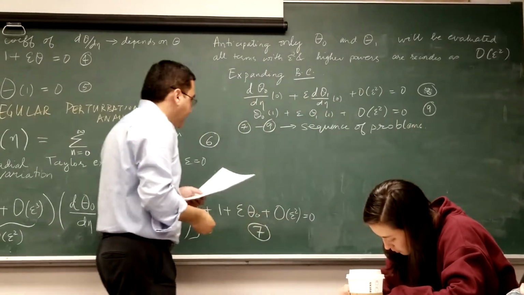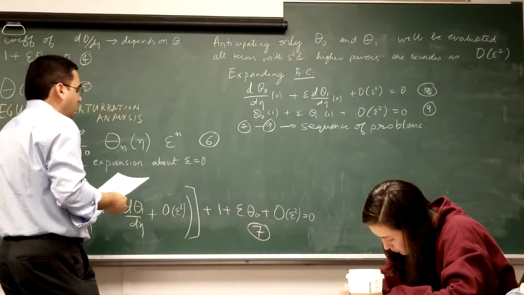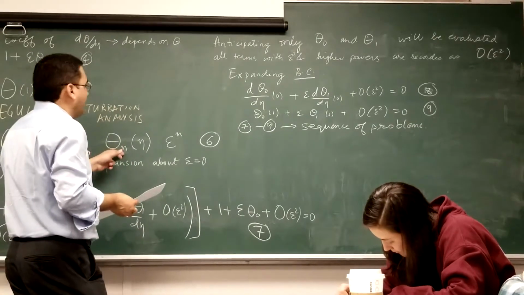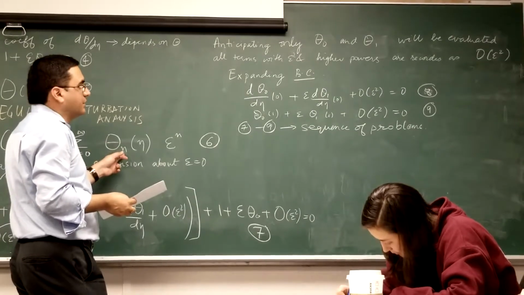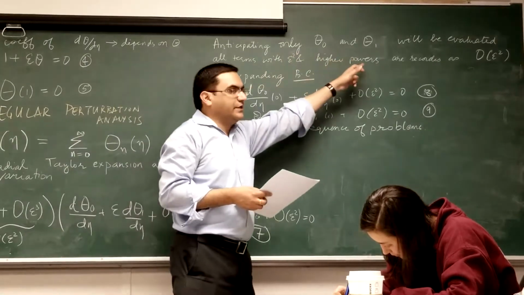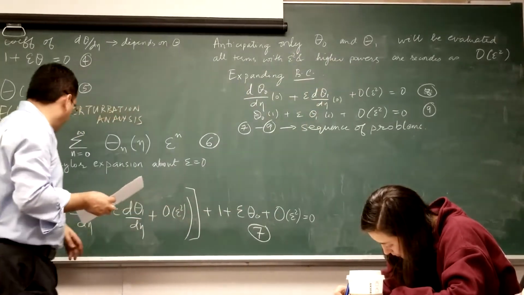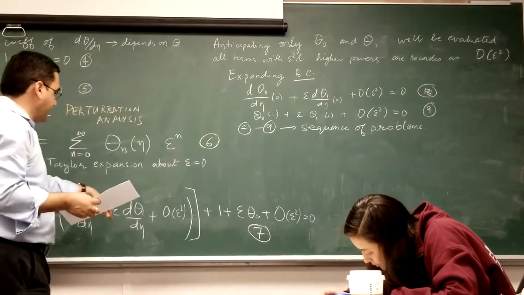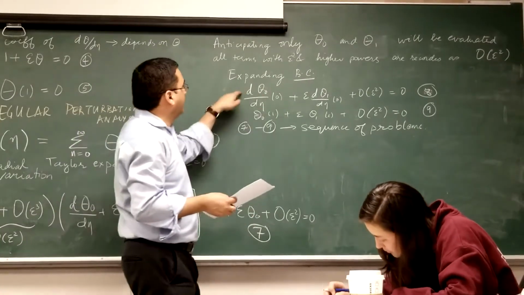And these sequence of problems include, if you want to figure out this theta, you'll need to figure out all the coefficients. So the coefficients that we decided to figure out are theta naught and theta 1. If I look at my equations, I have theta naught here, theta naught here, here as well.